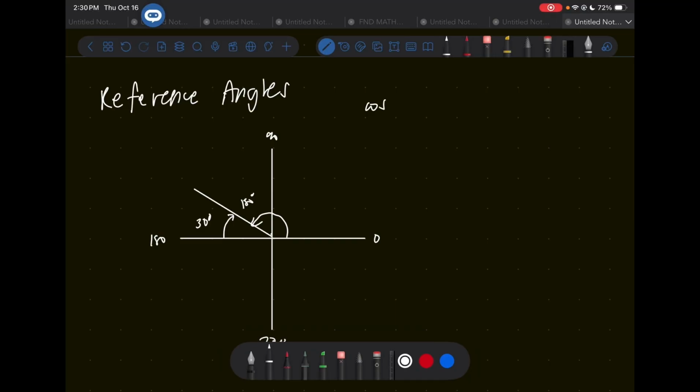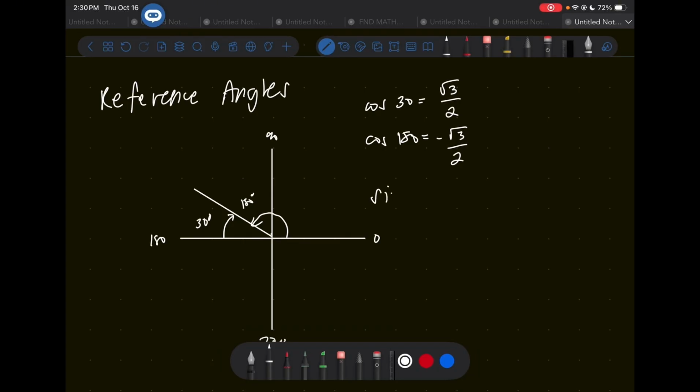Now, cosine 30, according to our rule, is square root of 3 over 2. However, we're using cosine 150, so let's copy square root of 3 over 2. But now, as you can see, your x is over here in the negative x-axis, so it's going to be negative square root of 3 over 2.